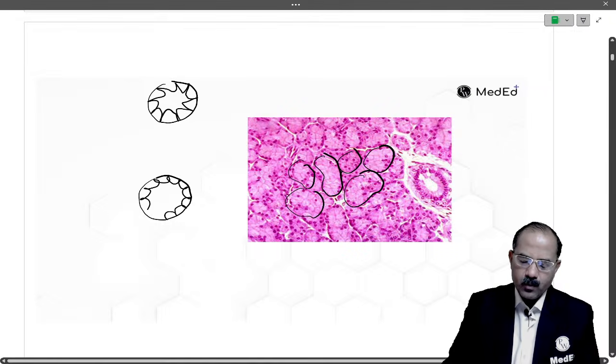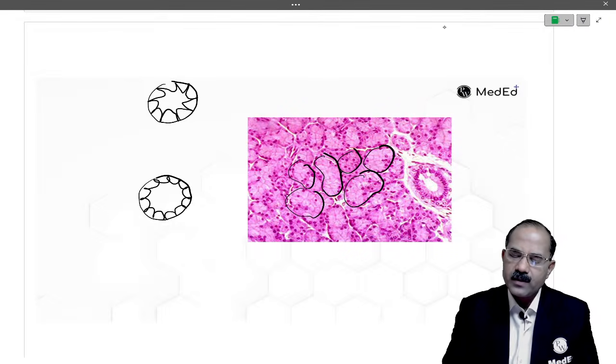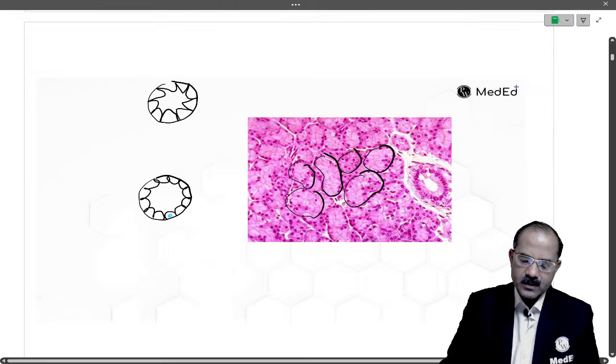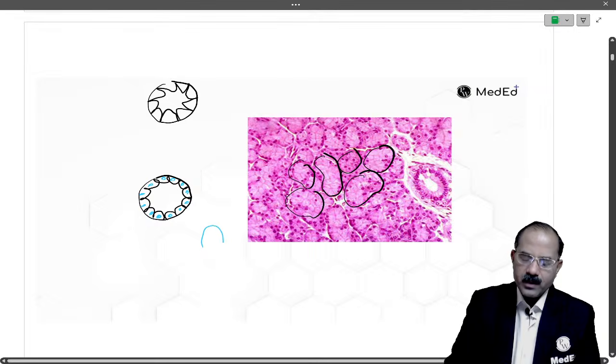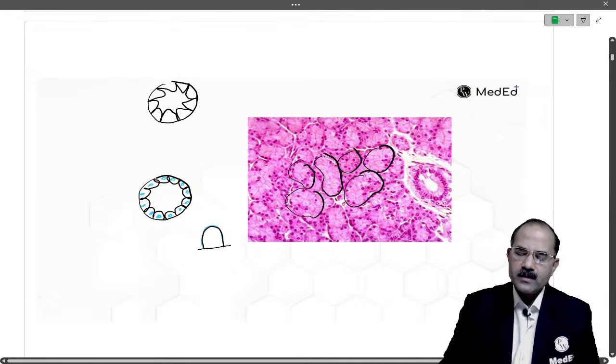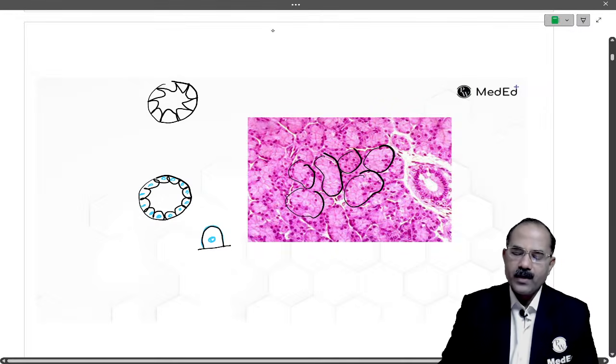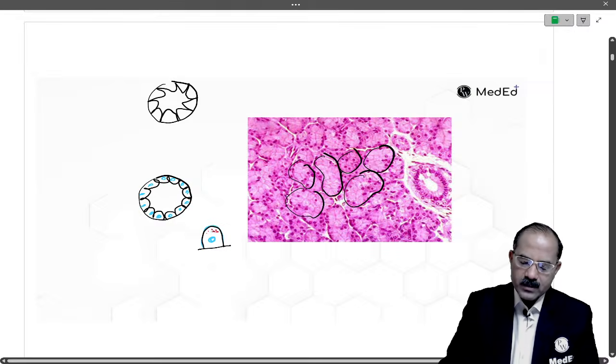The cells are cuboidal. Where is the nucleus of this cell? The nucleus is in the center. If you see one cell like this, the nucleus is in the center, you have an apical eosinophilic stain and a basal basophilic stain.